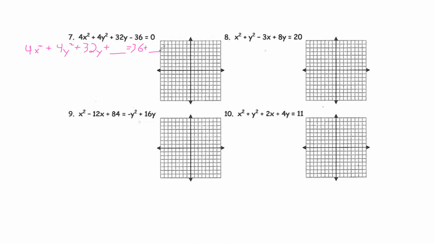But there's one other thing that we need to do before we can do anything else. On here, for both our x squared and our y squared values, we have a lead coefficient. We've only seen one other problem like this. In the algebra review part, I gave you one where we had a 2 out in front. And remember what we had to do with that to get rid of it?